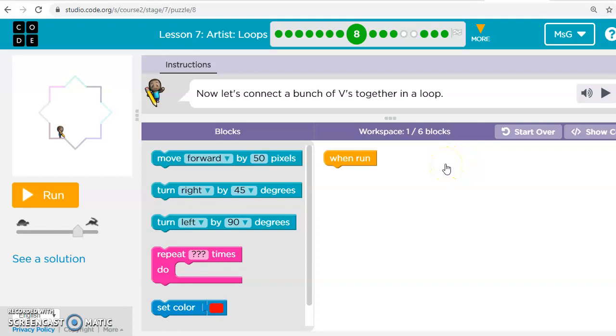So how many V's are in this shape? We can count the points. 1, 2, 3, 4, 5, 6, 7, 8. So that should give us a hint that we're going to draw 8 V's. So we would need a repeat of 8.